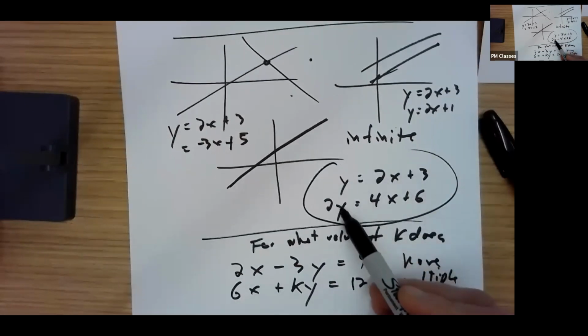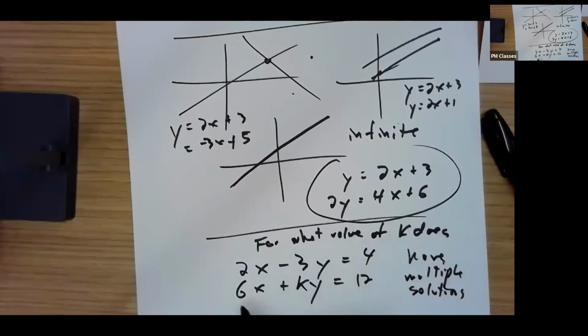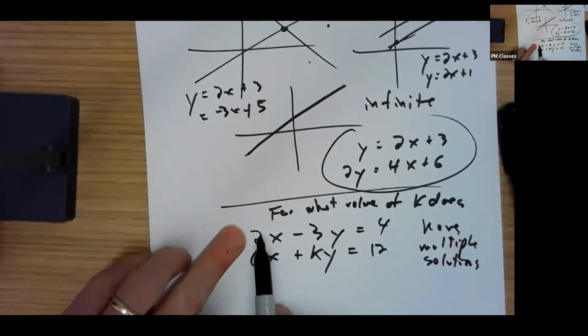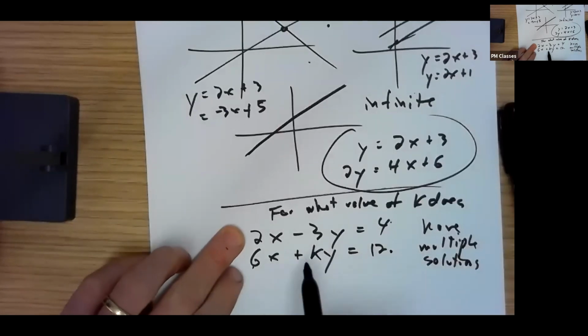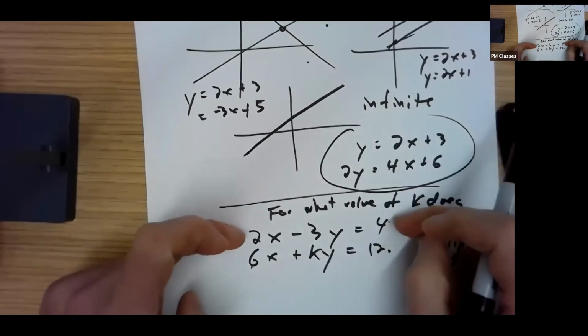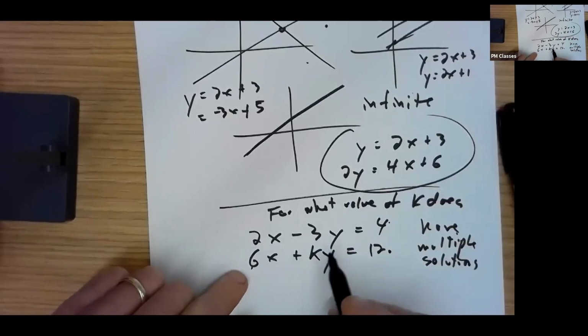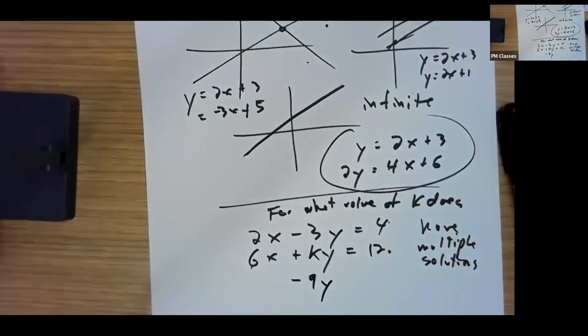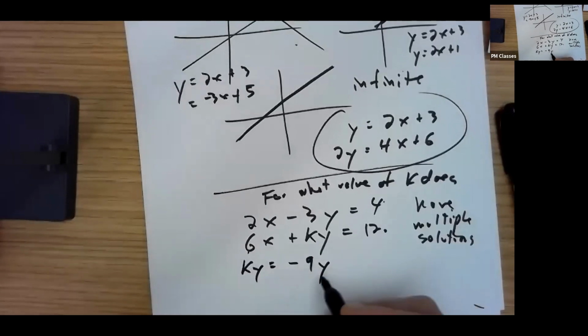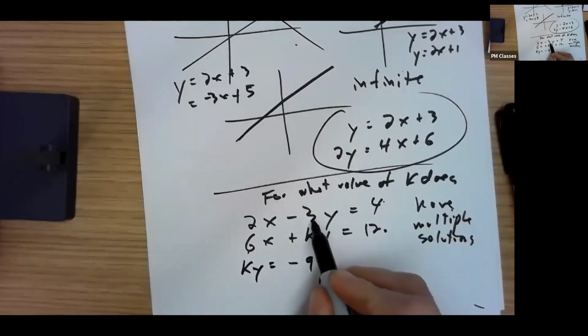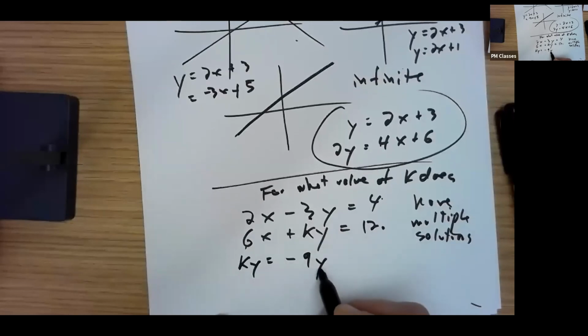All we did here is multiply by 3, by 3, by 3. So in order for this second equation to be the same thing as the first, I need everything to be tripled. So I need to go from minus 3y to minus 9y.